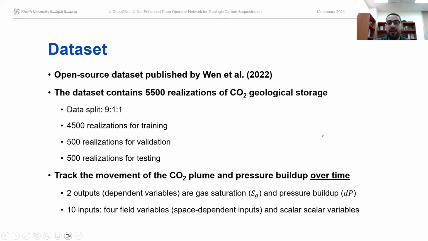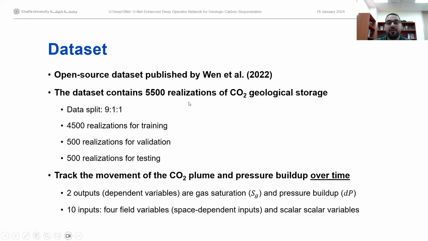For training the various architectures that we are going to discuss in this paper, we use an open source dataset published by Wen in 2022. It's actually the same paper as the UFNO. The dataset was first published and tested on the UFNO architecture in that paper.